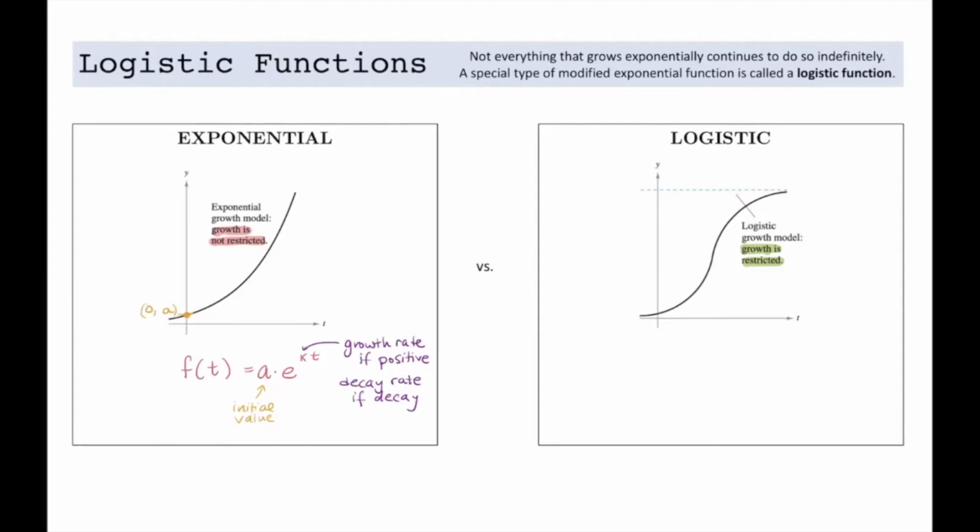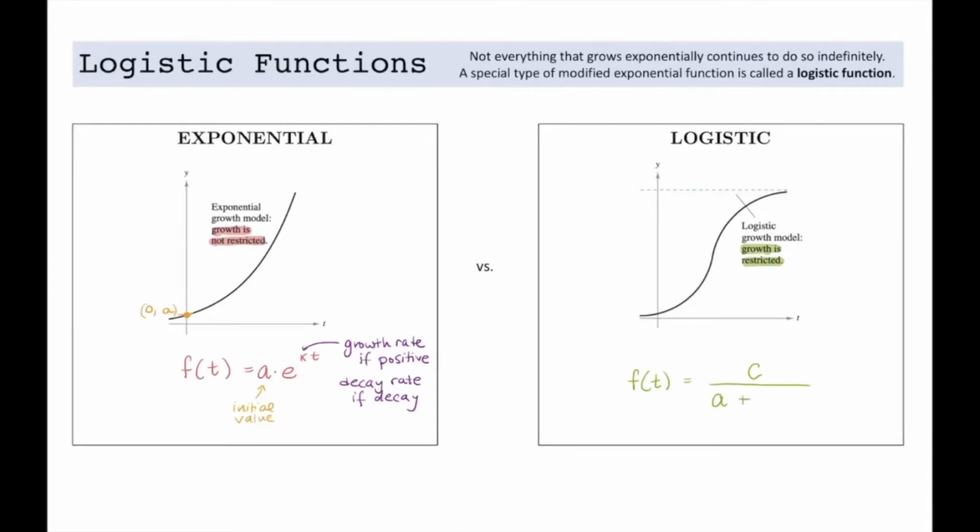Logistic functions involve exponential functions, but they look different. Here is the format, algebraically, in function notation, for a logistic function. It's a fraction, since things with horizontal asymptotes tend to be fractions. There's a number up top, which I'll call C. Then in the bottom we do have an exponential part, but first there's a number added.